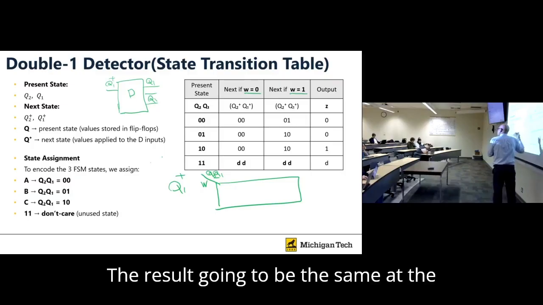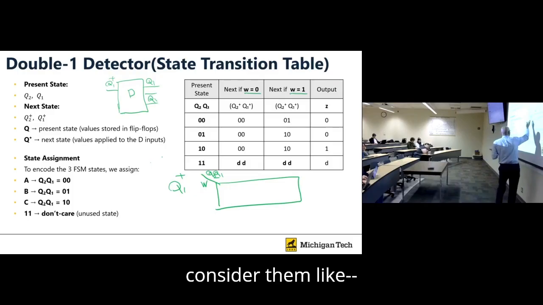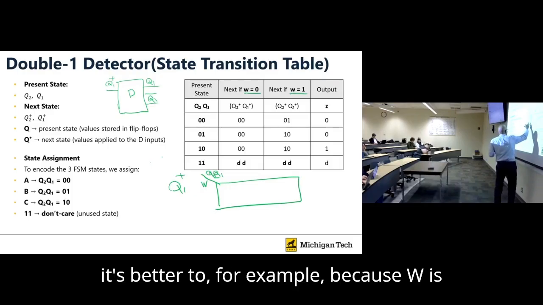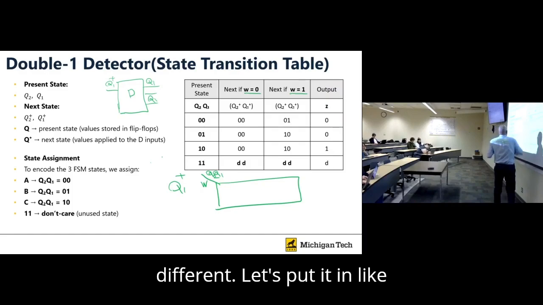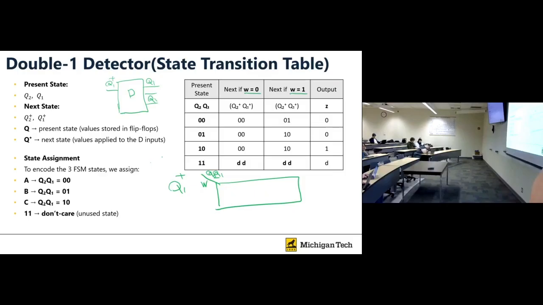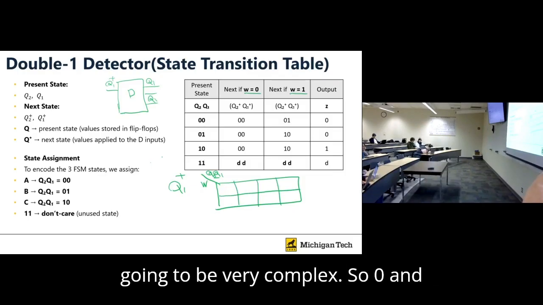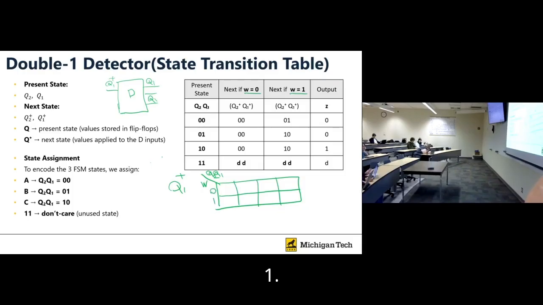The result is going to be the same at the end. But it's better, because W is different, to put it like that. It's going to help you recognize what you are doing. It's not going to be very complex. So 0 and 1, 0 0, 0 1, 1 1, 1 0. Okay? Okay, let's fill it now.